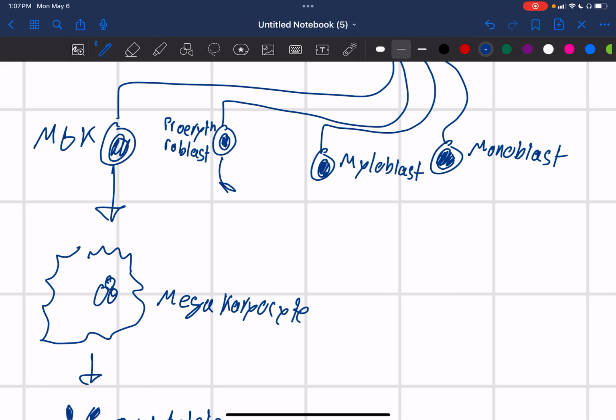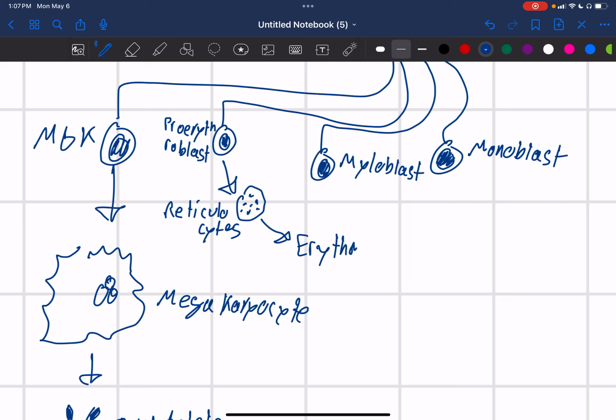Okay, and then we have our proerythroblasts, right? And these then turn into, that's an ugly arrow, reticulocytes. So these are some other funky looking cells as well. Let me write it right here. Reticulocytes. And these reticulocytes then turn into erythrocytes, which are more common cells that we're familiar with in the field of science, or like immunology.